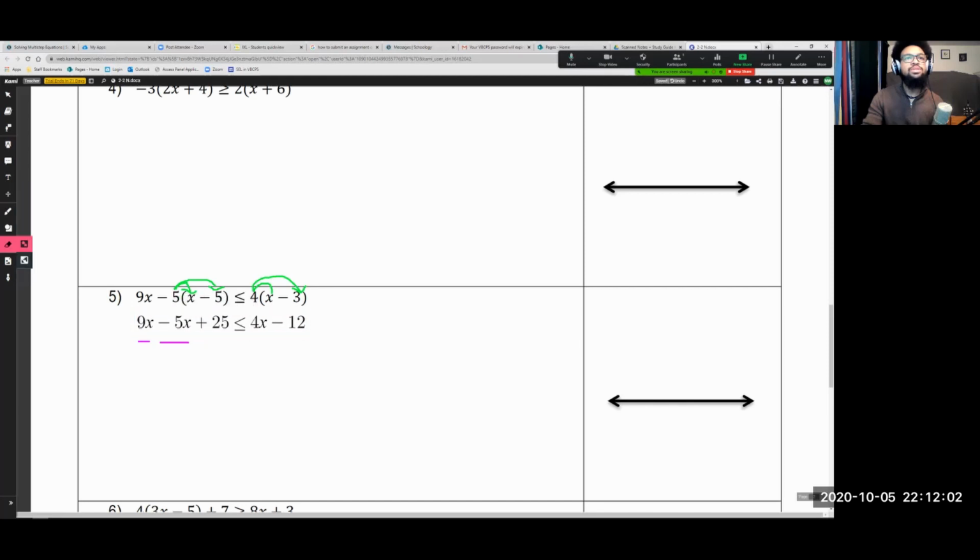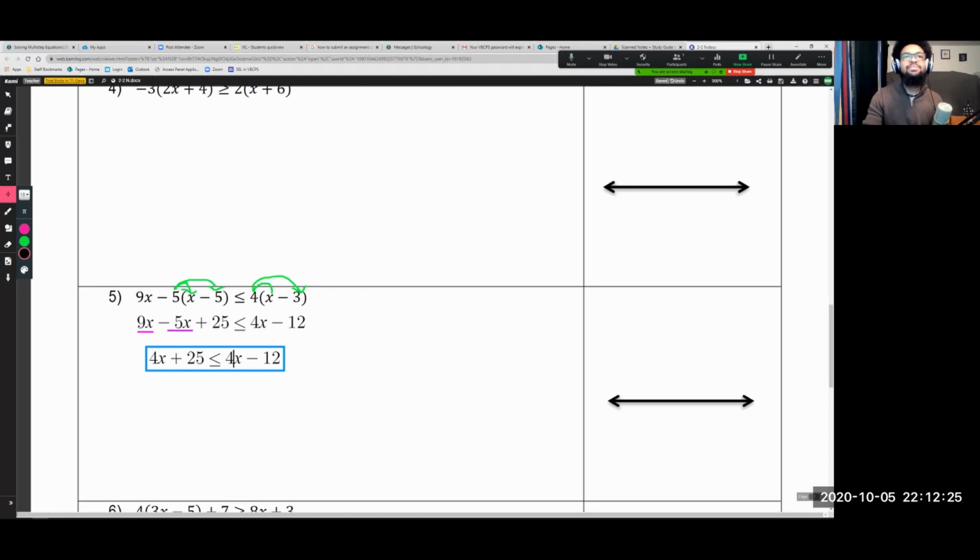And let's redo this. All right. 9x and negative 5x. So this 9x minus the 5x is going to be a 4x. And I'm going to keep everything else the same. Plus that 25 is less than or equal to 4x minus 12.